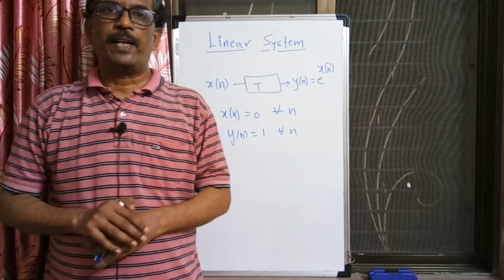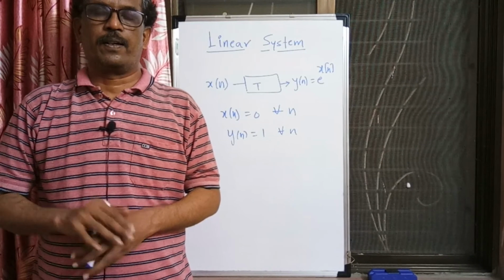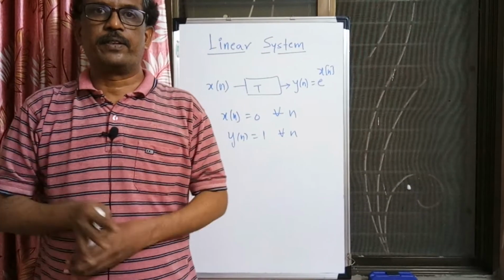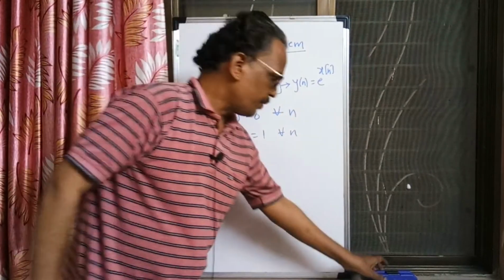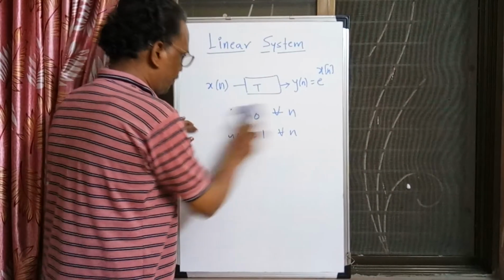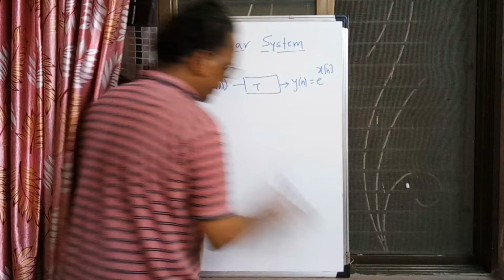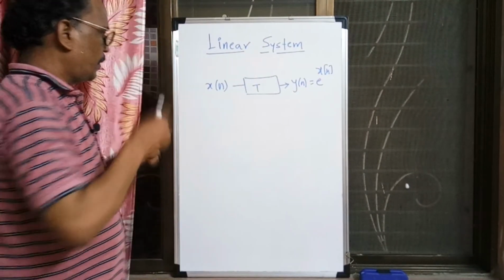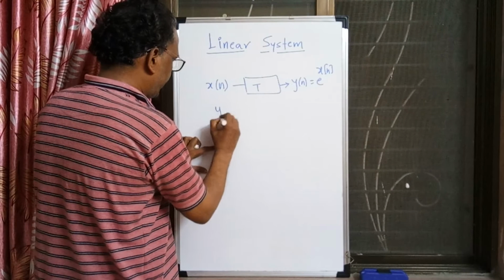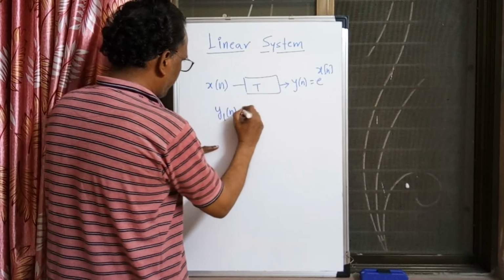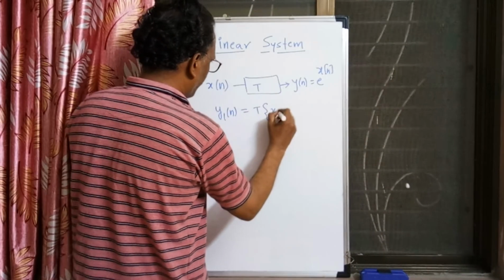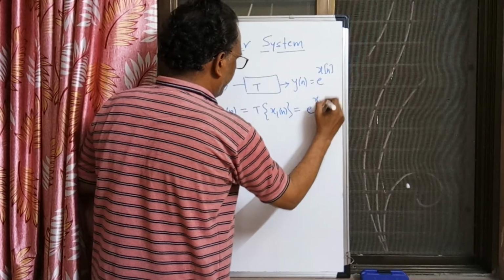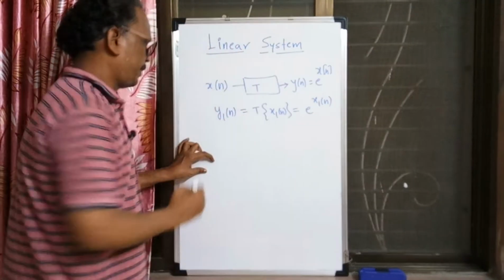But I will explain the complete procedure for verifying that the system is not linear, using the theory I have explained before this example. Let us consider the response of the system to the input x1[n]. We know the response will be e to the power x1[n].